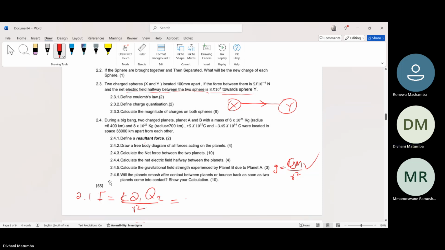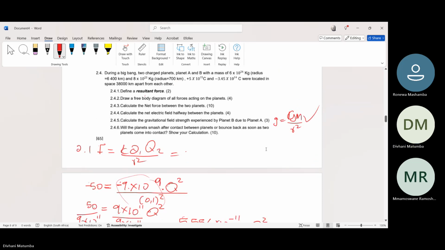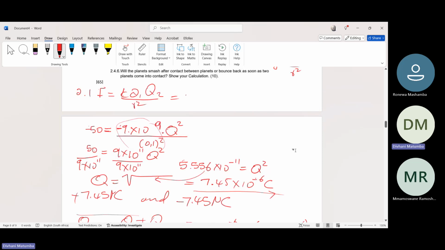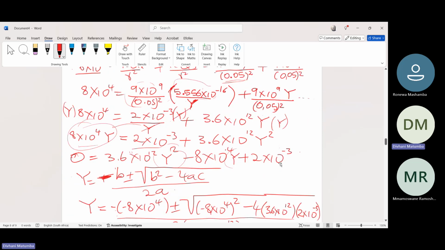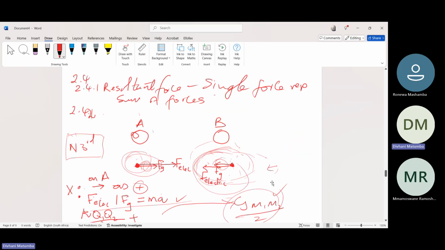Okay, so the value of G will be, let's see.